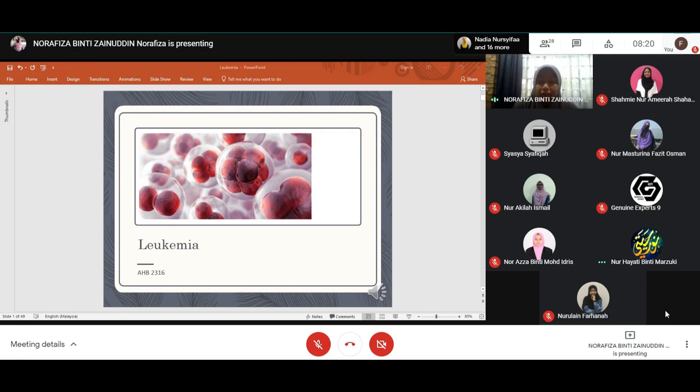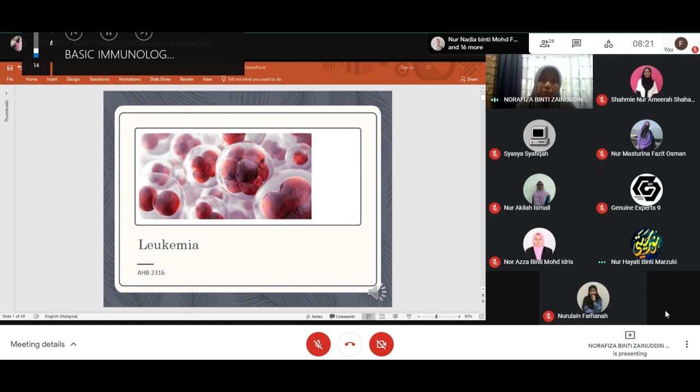This is done to get a biologically homogeneous entity of the disease, because leukemia can be different from one person to another, even though they are diagnosed with the same type of leukemia. So in order to have a homogeneous entity, the WHO combines all this together with the clinical presentation of the patient.